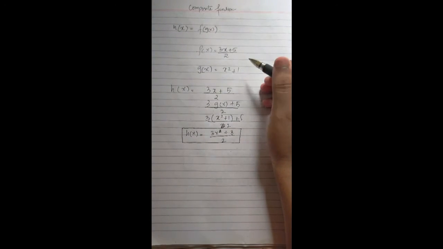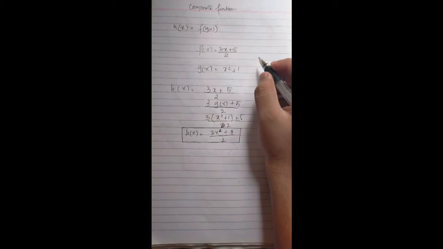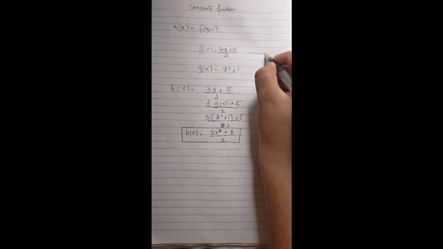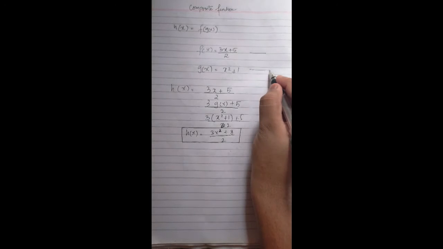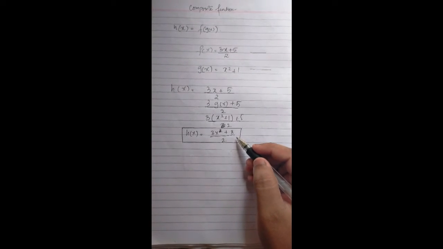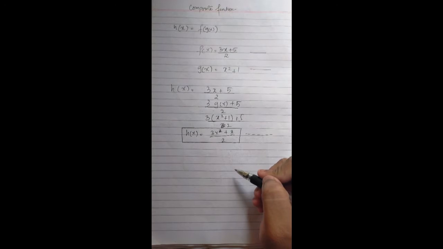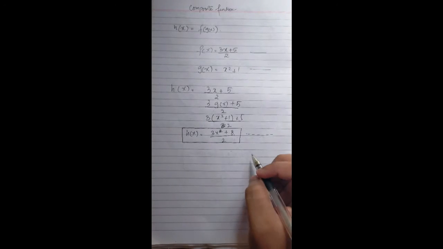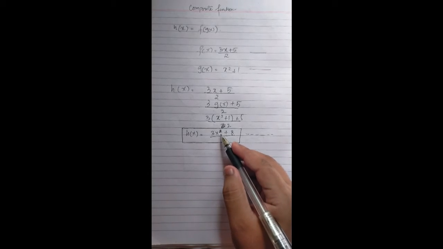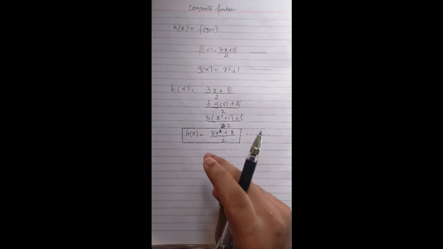So now the domain and range of this function have no relationship with the domain and range of the original functions. A new domain and range will be formed for this function.